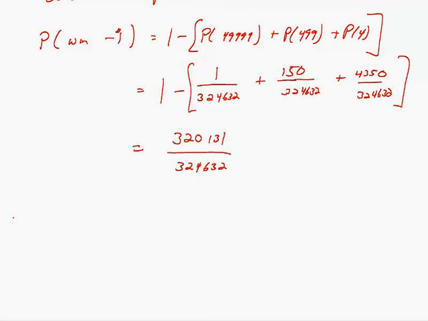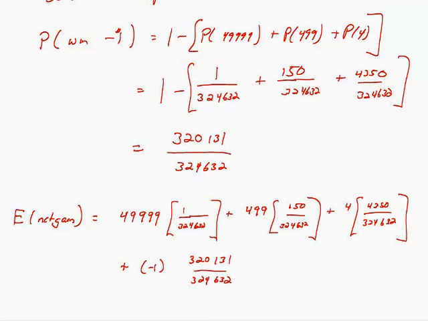So on to my result, my expected value. My expected net gain is each outcome weighted by its probability, and then summing up the total. To save time, I wrote out that result.